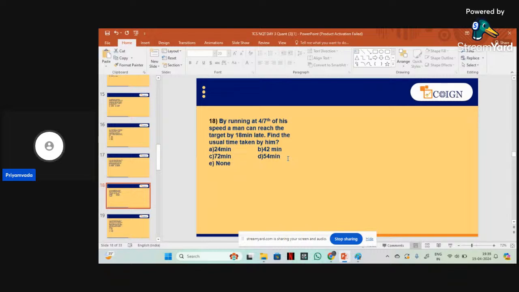We'll be using d1 equals d2, and we'll write it as S1 T1 equals S2 T2, and we'll substitute the values, right? So I'll solve the solution here.